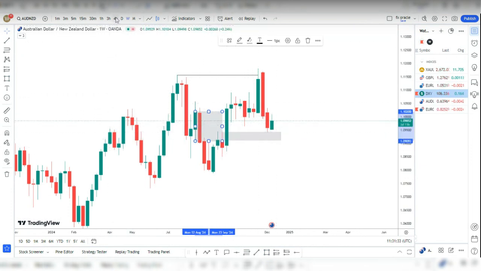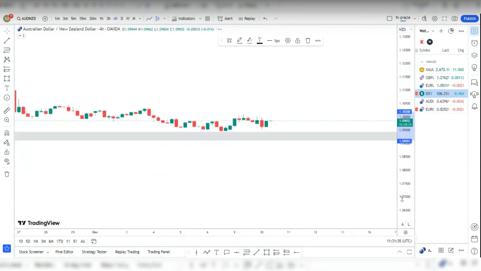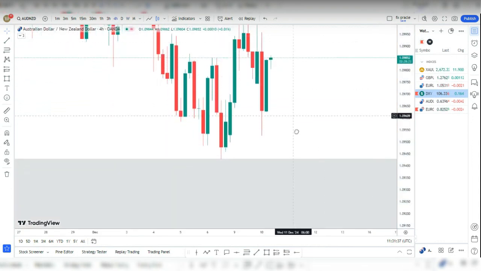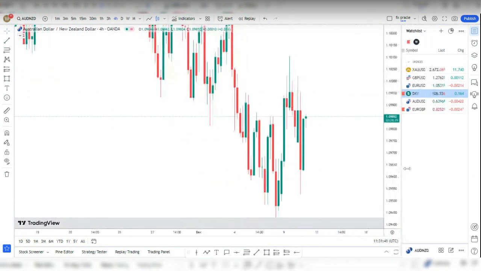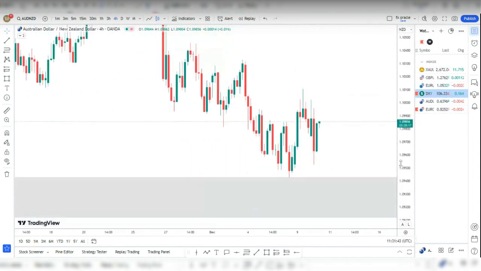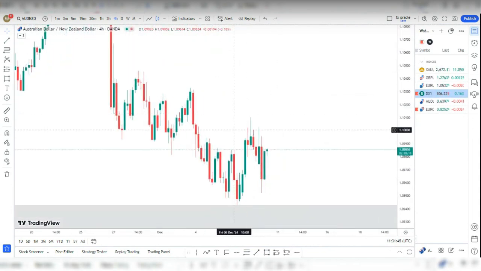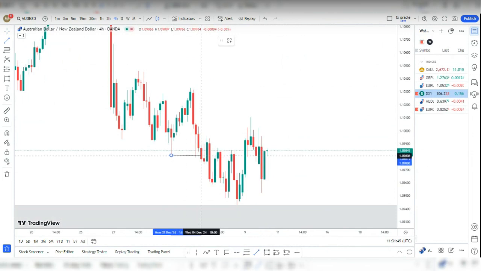If I drop down to the 4-hour time frame, we are still on that bearish push. I think this had a break here. Price kept on respecting the up close candle till finally we got here.